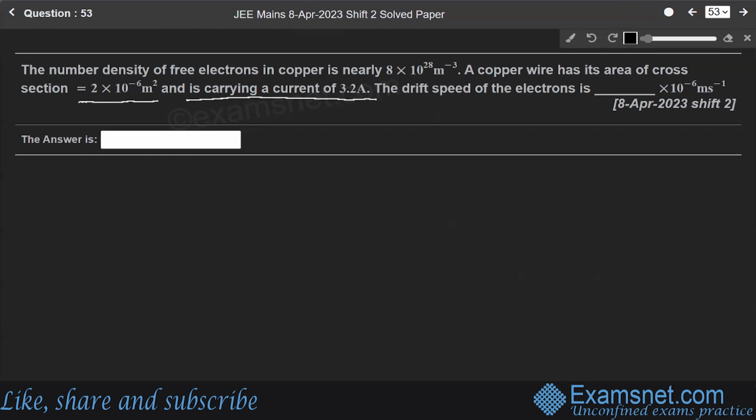We have to find the drift speed of the electron. Normally, the current for these free electrons is I equals NeAVD. We have to find this VD.